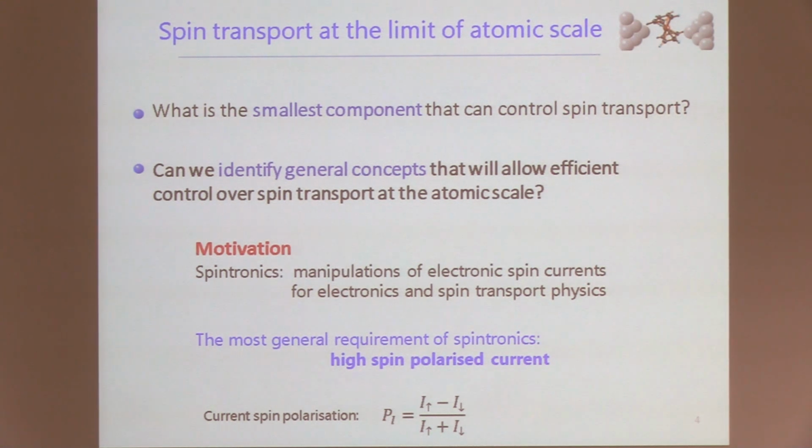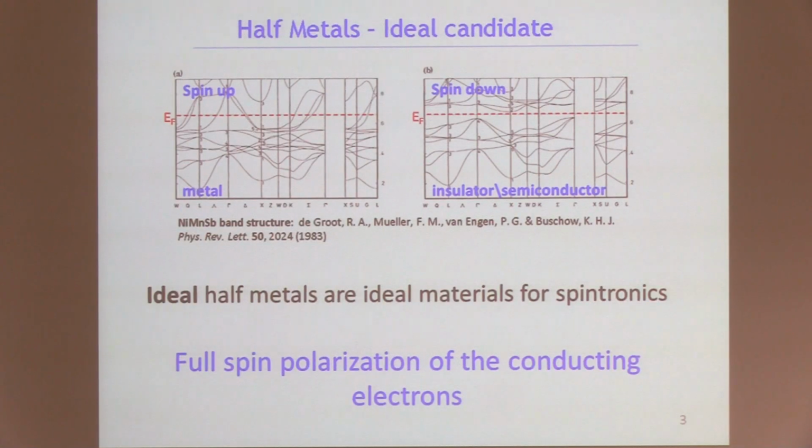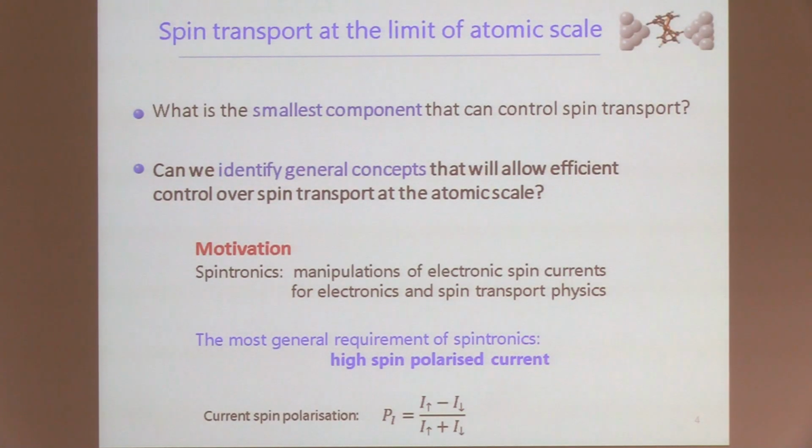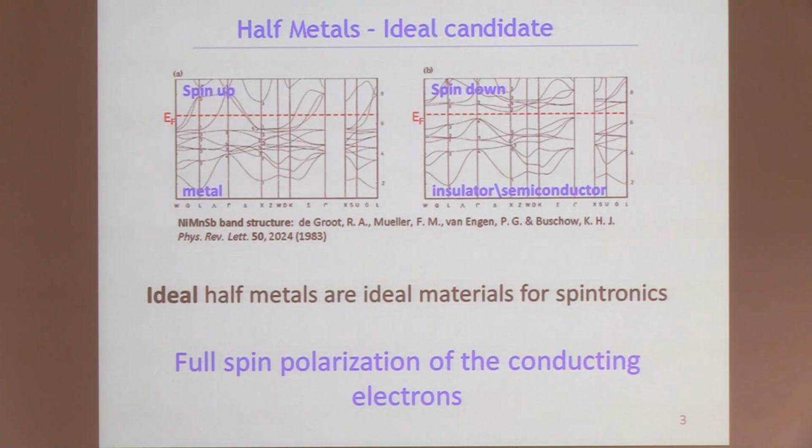Our goal is not to use any magnetic material or magnetic electrode. We want to use non-magnetic elements, where the only magnetic component is the molecule, to see the spin transport. Spin polarized current is common to half metals in solid state physics, and half metals are those which conduct one type of spin and insulate the other type of spin.